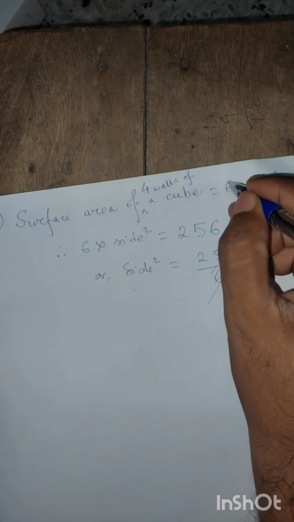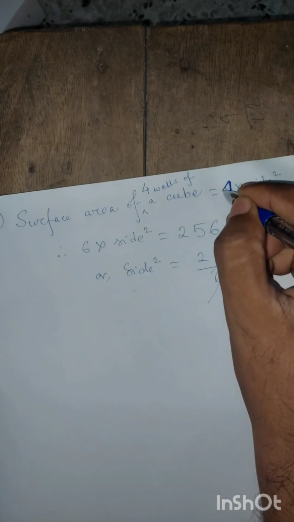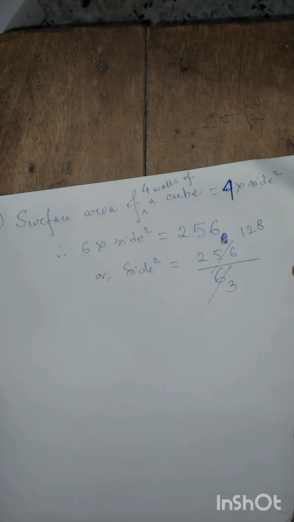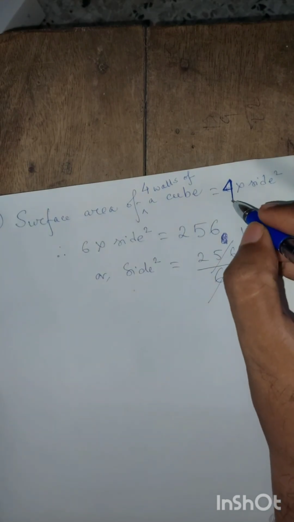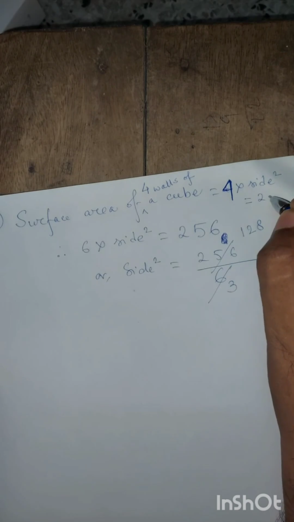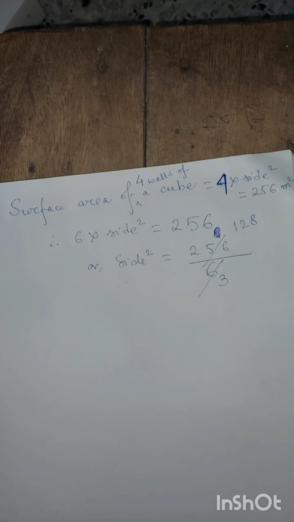Okay, so this should be 4 into side square. Area of 4 walls is 4 into side square, which is given, which is 256 meter square. So this is our question.